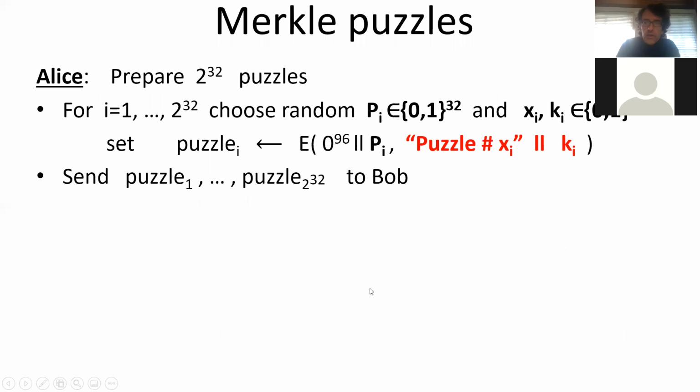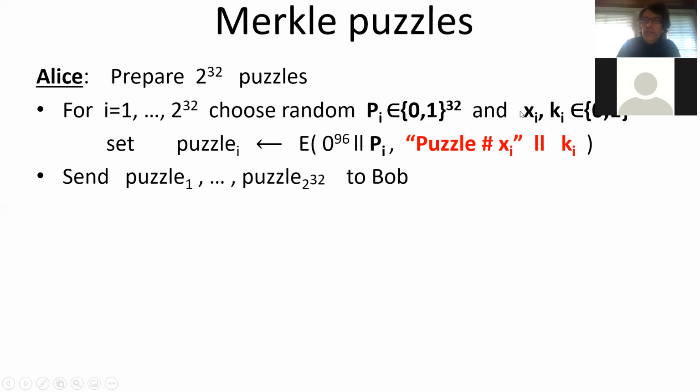Okay, why would I do this? Using such puzzles, here is the Merkle protocol. Alice prepares 2 to the 32 of these puzzles. In other words, she chooses 2 to the 32 of these random PIs. Of course, there are going to be collisions because each of them is just 32 bits long, but that's okay.